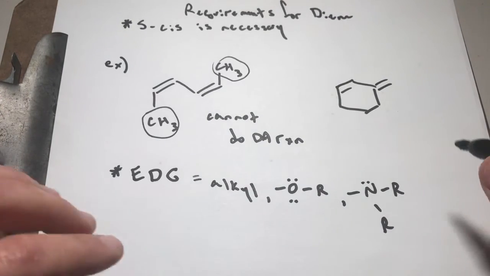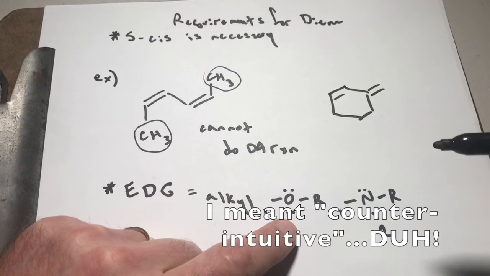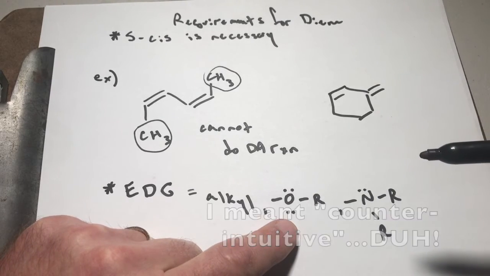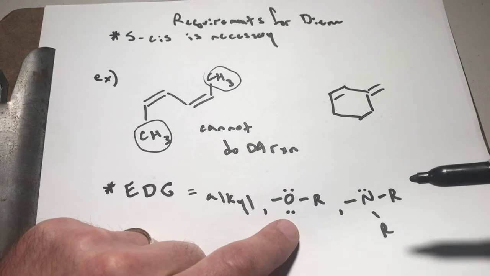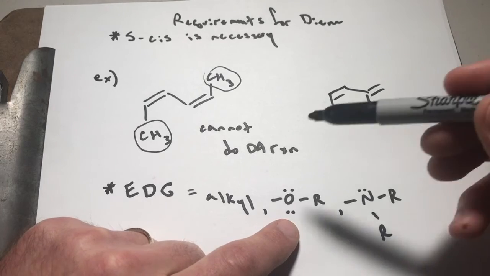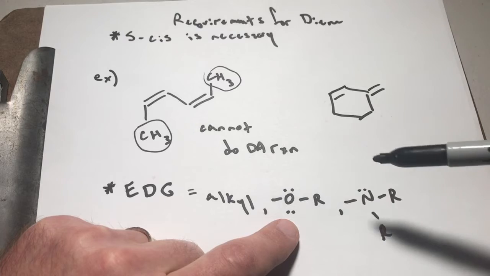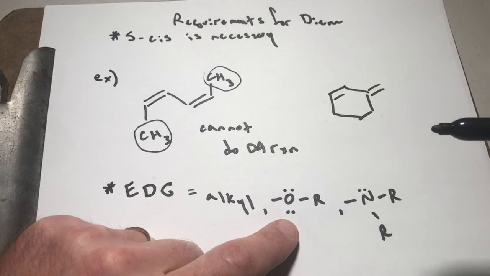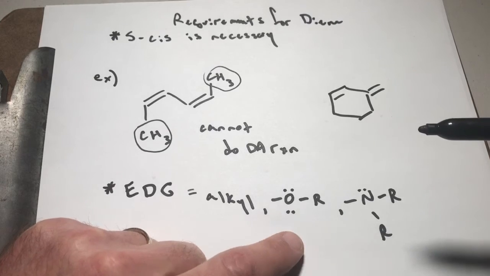When we get to aromatic chemistry, this might seem counterproductive. We know that oxygens and nitrogens are really electronegative, so you might think they'd actually be electron withdrawing, but they're not, for reasons of resonance. By resonance, they can donate these electrons into the ring, and that actually overcomes their inductive withdrawing effect, believe it or not.